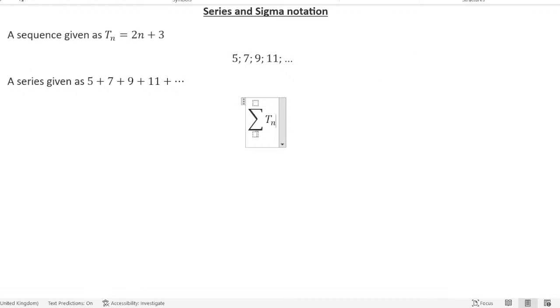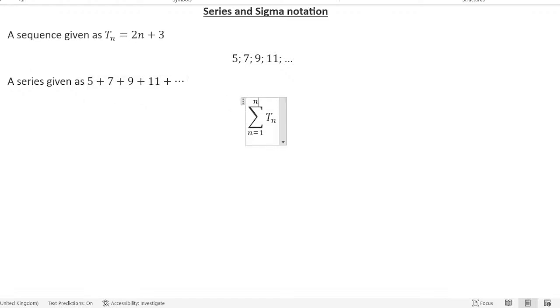Then here we'll have n is equals to 1. The reason we say n is equals to 1 in this case, because we started by substituting 1 here and we got these values up to 4. So n is equal to 1.